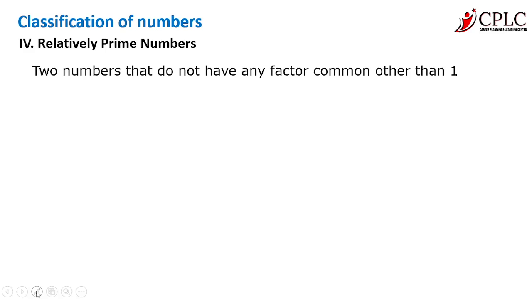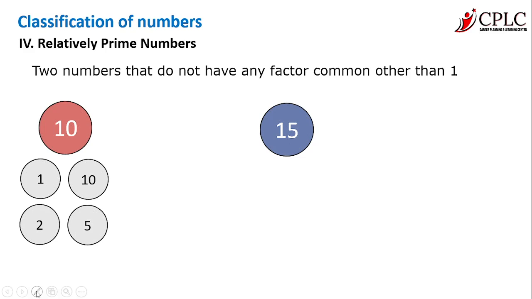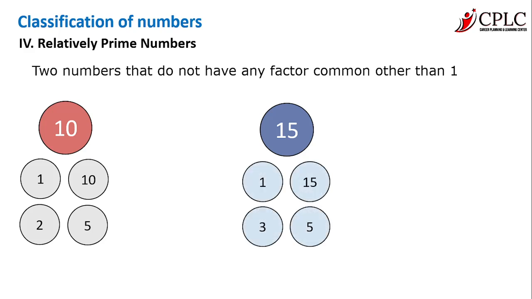Let's do some examples. Suppose 10 and 15. If we factorize 10, the factors will be 1, 2, 5 and 10. If we factorize 15, the factors will be 1, 3, 5, 15. Now if we take common factors, you'll realize there are two common factors, 1 and 5.